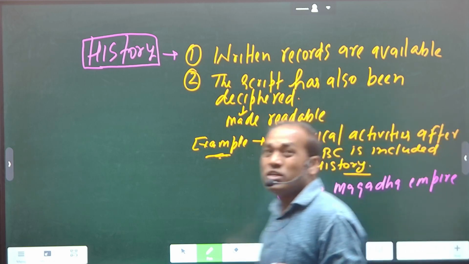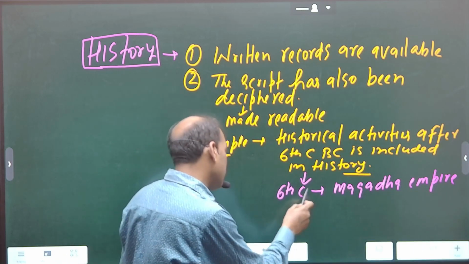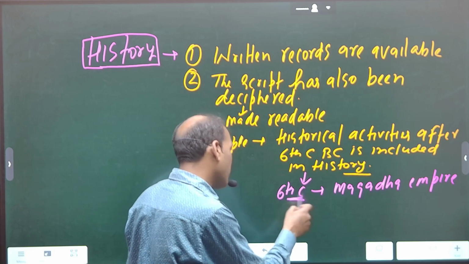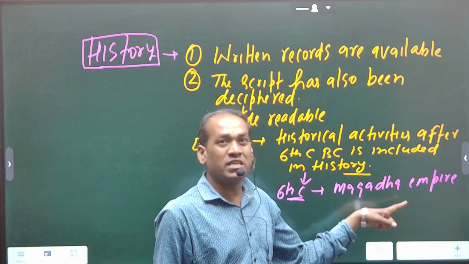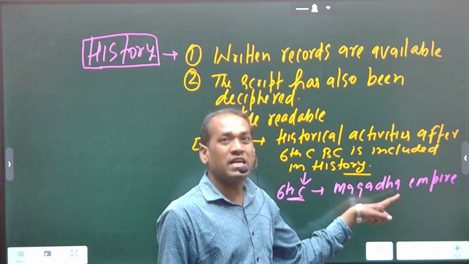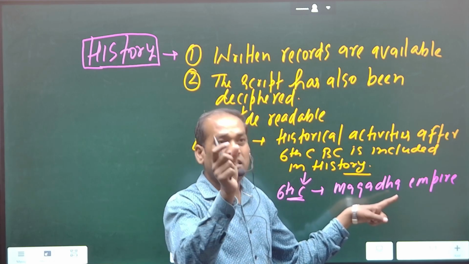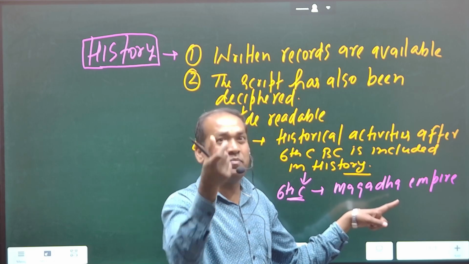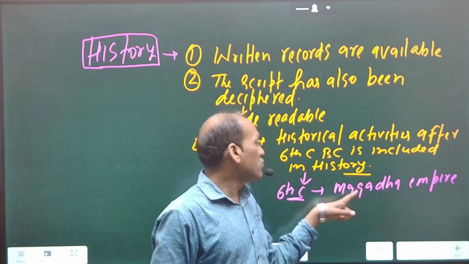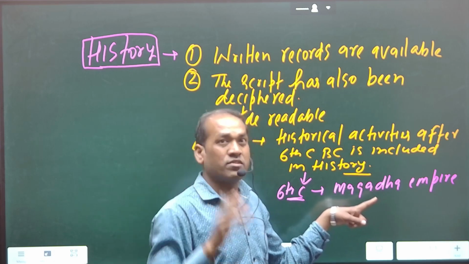Okay, so in 6th century BC, Magadha Empire started. Magadha Empire started in the state Bihar, in the capital city of Patna. So we will understand it in our syllabus later on.